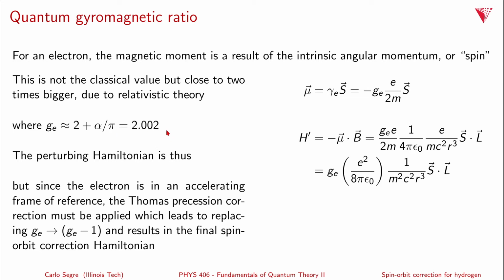So it's really quite small. So we just assume that g is approximately 2. G minus 1 is going to be 1. And so our final spin orbit Hamiltonian, which we will designate H prime SO, is approximately equal to e squared over 8 pi epsilon naught times 1 over m squared c squared r cubed S dot L.